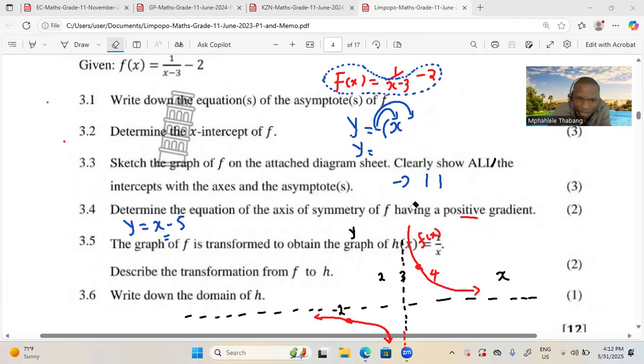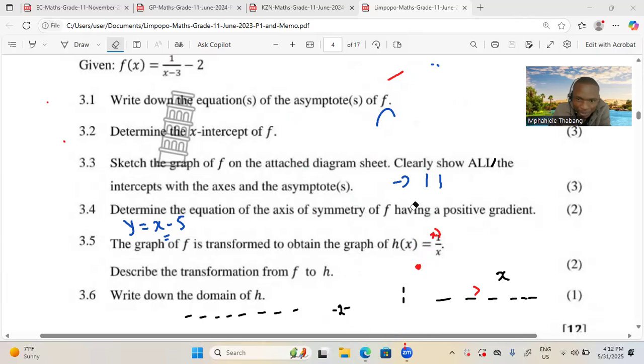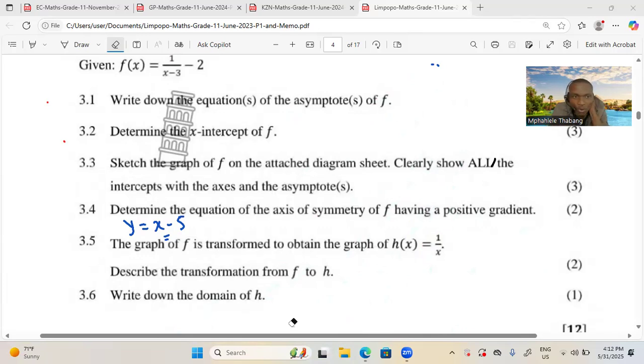Okay, now I can erase everything. Actually, I see that I won't need even this graph. Okay, the graph of f is transformed to obtain the graph of h of x equals 1 over x. Describe the transformation from f to h. They are saying there is a transformation which took place.